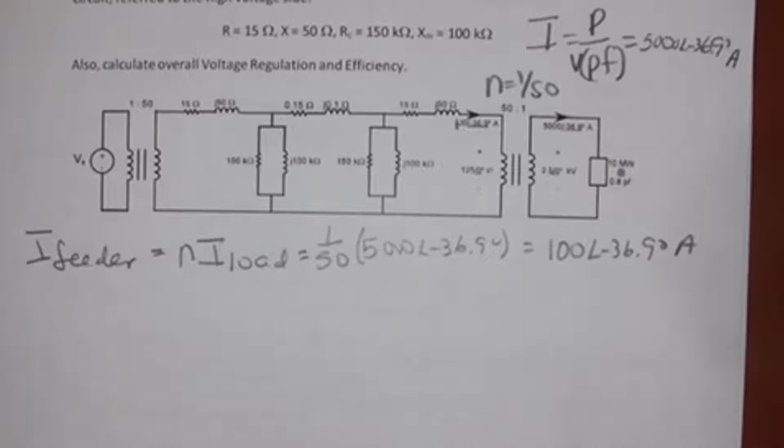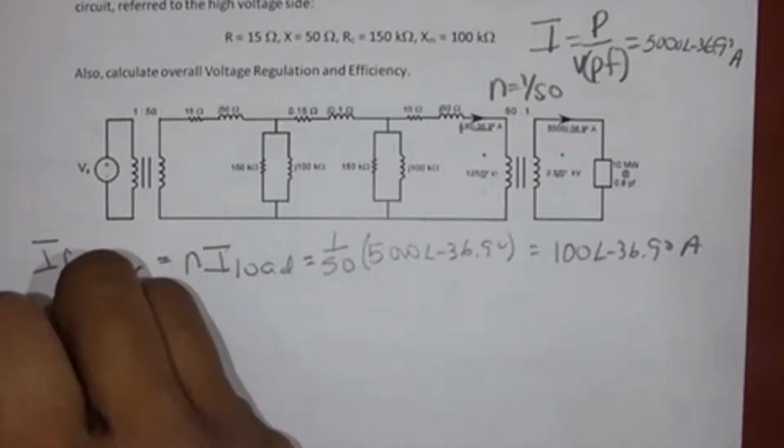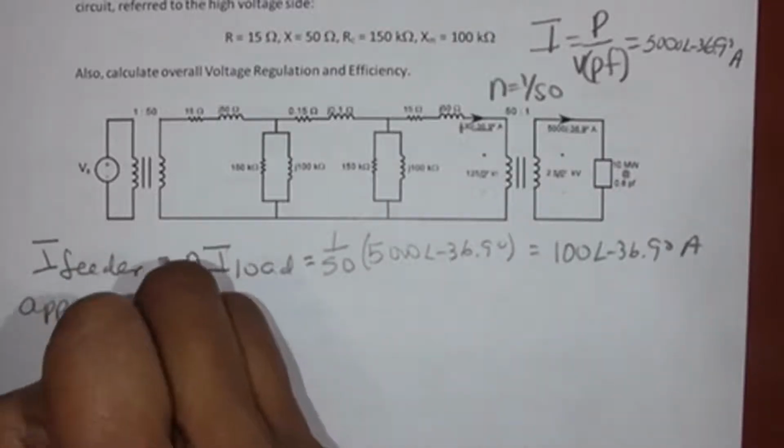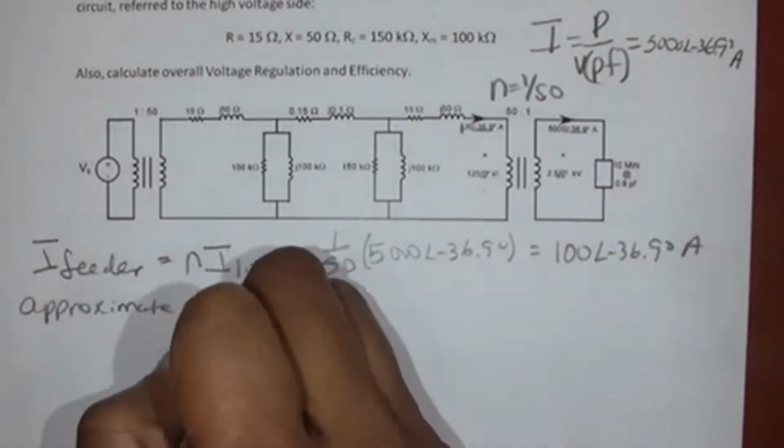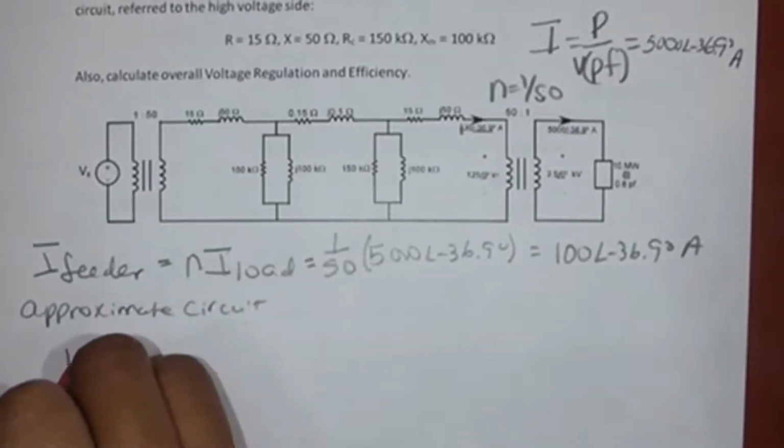So to analyze that circuit in the middle, you can change it into the approximate circuit. Remember, for our approximate circuit, we move the parallel part to the beginning and we put everything together. So I'm going to show you the approximate circuit now, because it's easier to analyze, that's why we do this.